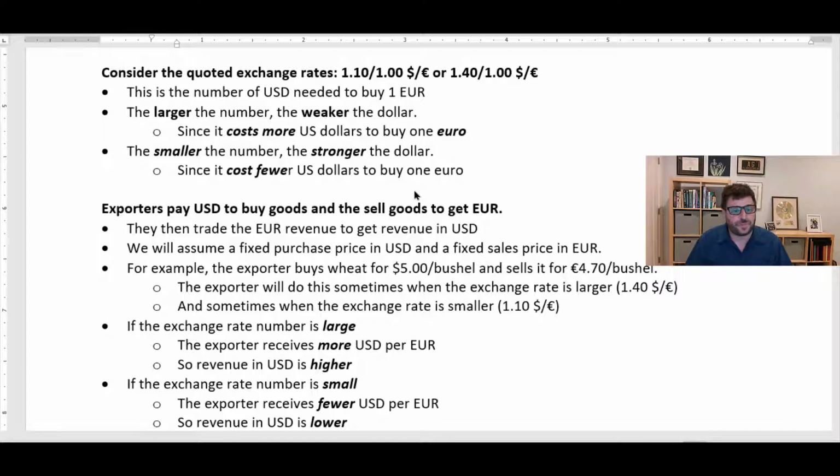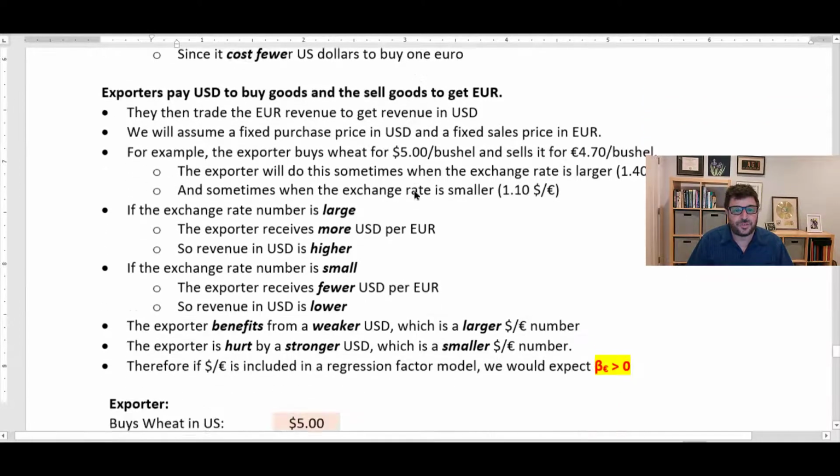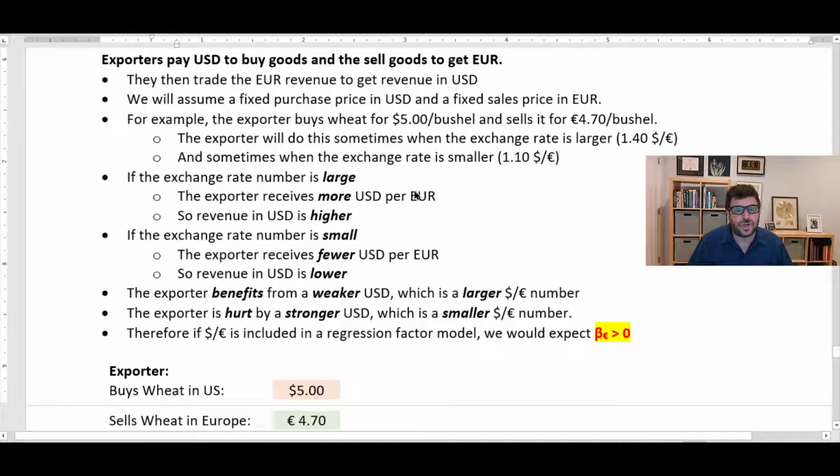So let's come up with a simple way to define exporters and importers and see whether or not a stronger or weaker dollar benefits the exporter. And given that, and remember we're going to define currencies as dollars per euro, what would the beta look like in our regression? Exporters pay US dollars to buy goods in the US and then sell the goods to get euros. They then trade the euro revenue that they receive to get US dollars.